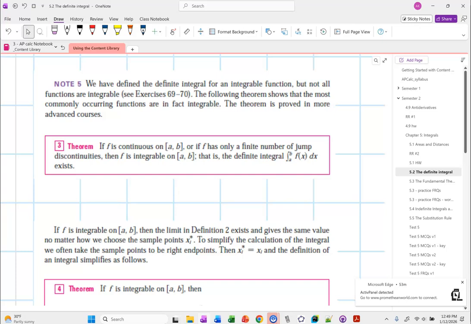All of our most commonly occurring functions, the ones that we work with all the time, are going to be integrable. So if f is continuous from a to b, it's integrable. Or if it has a finite number of jump discontinuities, it's going to be integrable.